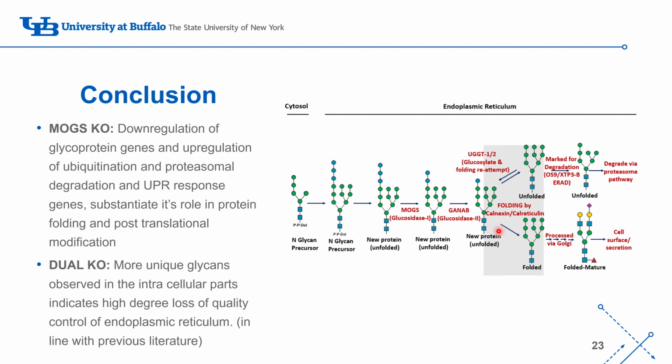Also in case of dual knockout, since there is no calnexin and calreticulin cycle, these proteins might have less residence time in the endoplasmic reticulum. Since they have less residence time, they will move quickly into the intracellular parts of the cells or to proteasomal degradation, and this could be the reason we do not see any UPR response.